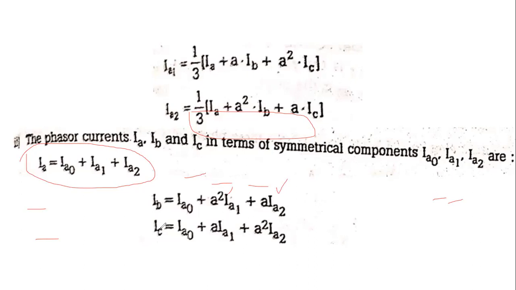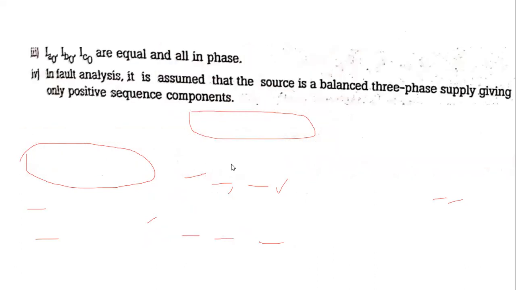Next we are writing the IC current, that is IA0 plus A IA1 plus A square IA2. IA0 is the zero sequence current, IA1 is the positive sequence current, and IA2 is the negative sequence current. These are the various currents that will be obtained in the case of fault conditions.